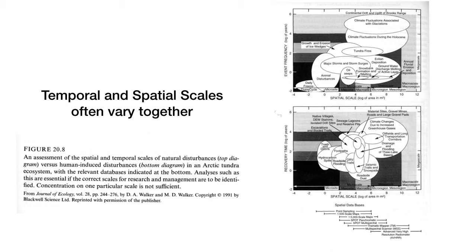There's many versions of this. If you look in the top figure, you can see there's kind of a diagonal going from the lower left to the upper right, and that phenomenon turns up in many diagrams like this.